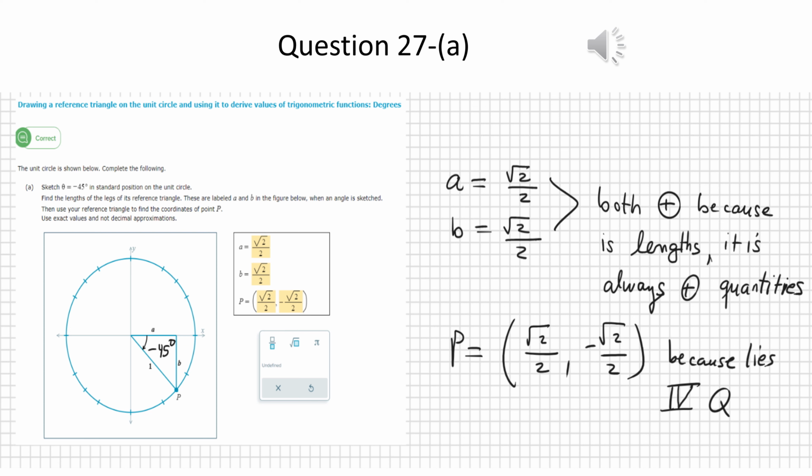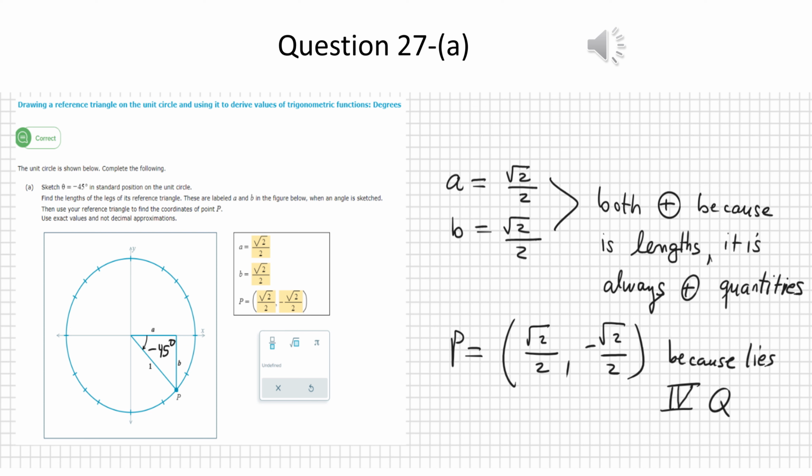Okay, the first part is super easy. Sketching the negative 45 degrees. Negative 45 degrees is in the clockwise direction, here in the middle of the fourth quadrant. Now A and B are both positive because they are lengths.